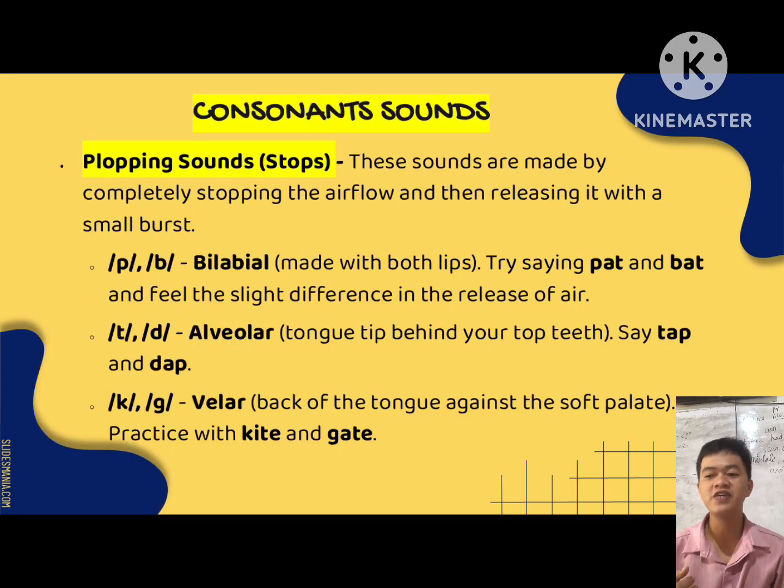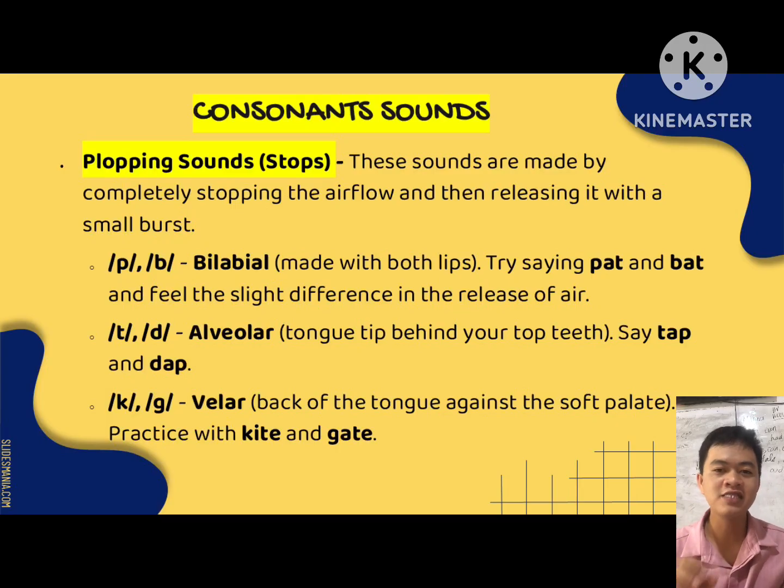And of course, we have here the velar for the letters K and G, like K and G. The back of the tongue is against the soft palate.